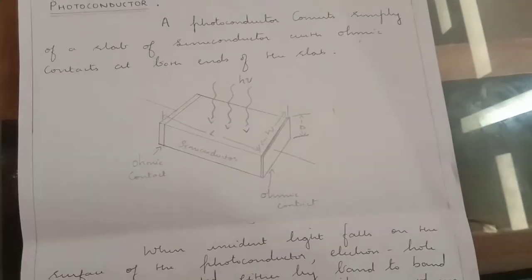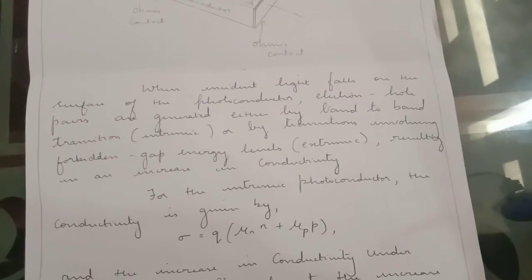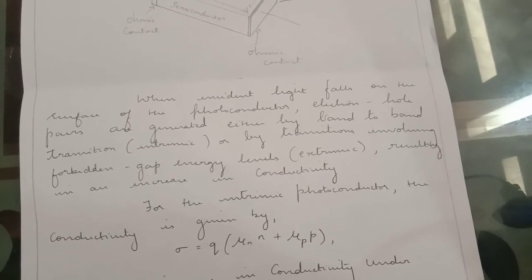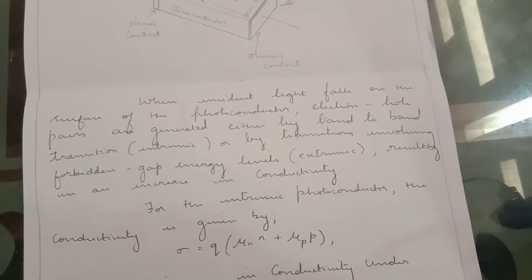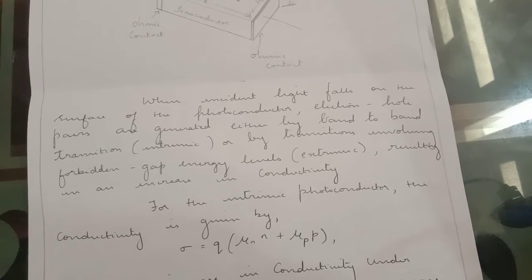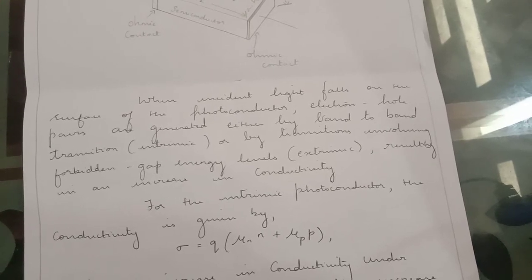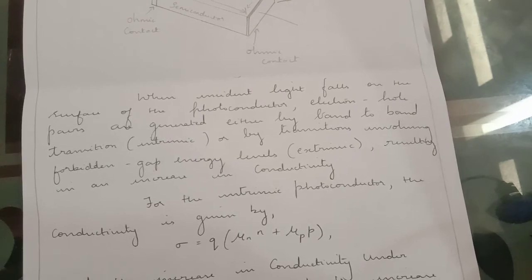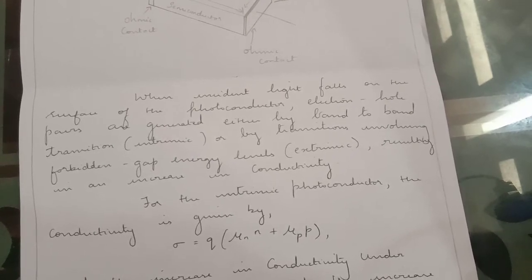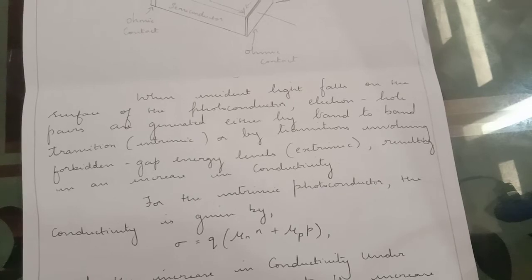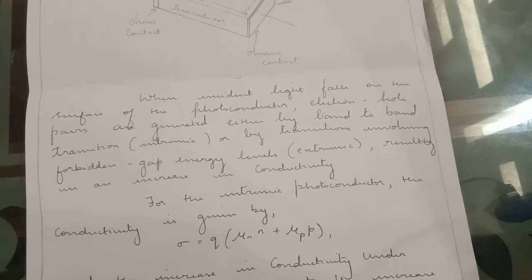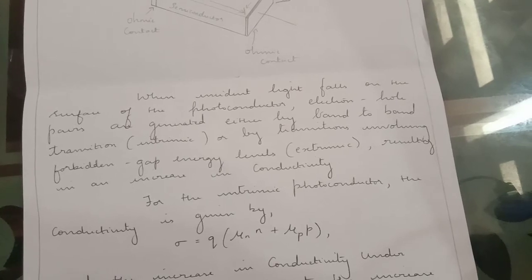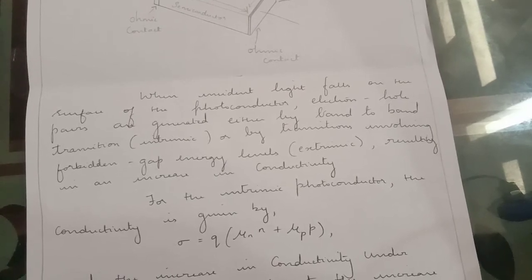When the photon or incident light falls on it, electron-hole pairs are generated either by band-to-band transition or by transition involving the forbidden gap. We know we have the valence band and conduction band. If the transition is from valence band to conduction band, it is called intrinsic. The forbidden gap is the gap between the valence band and conduction band.